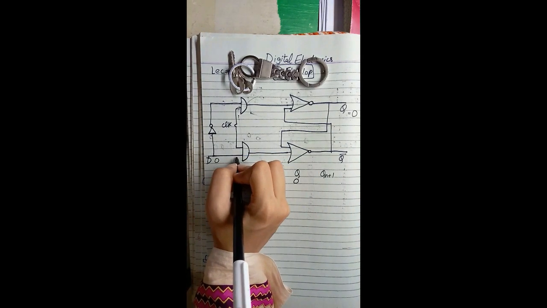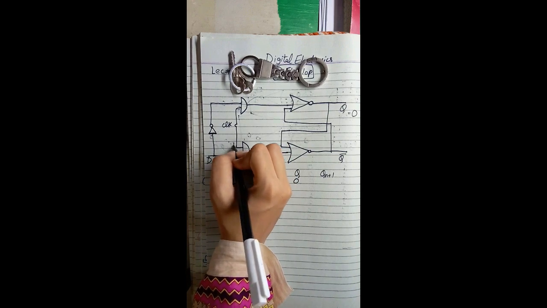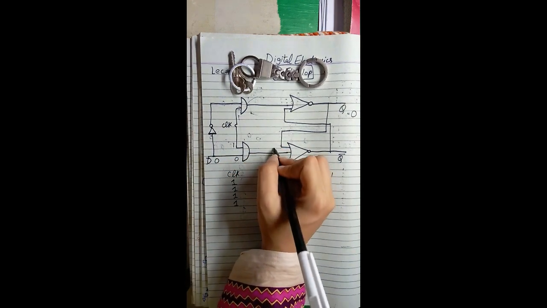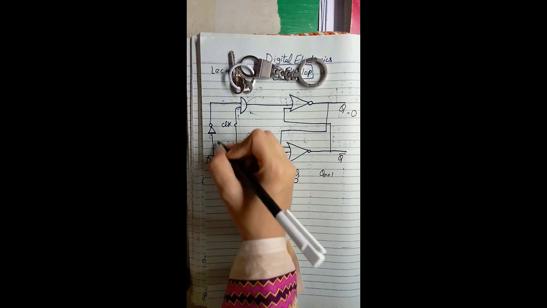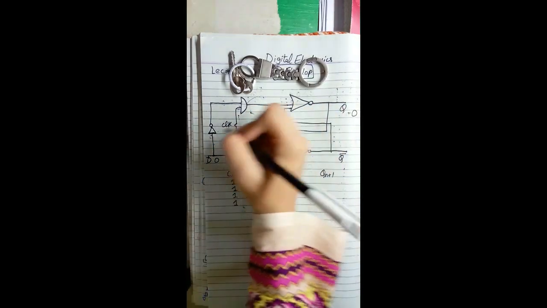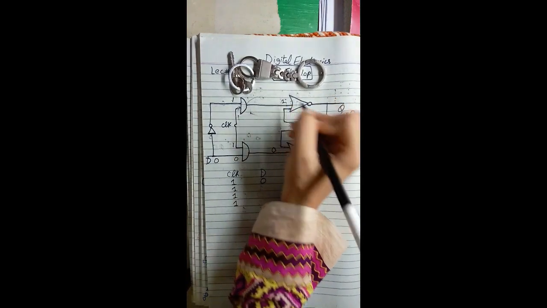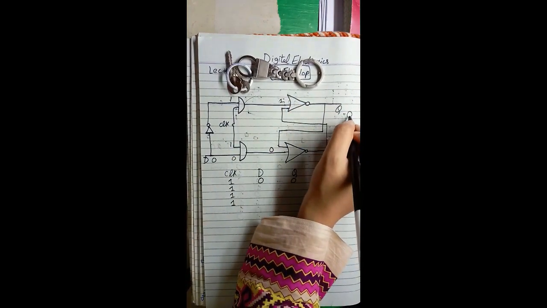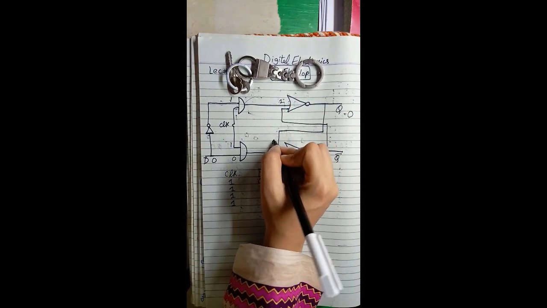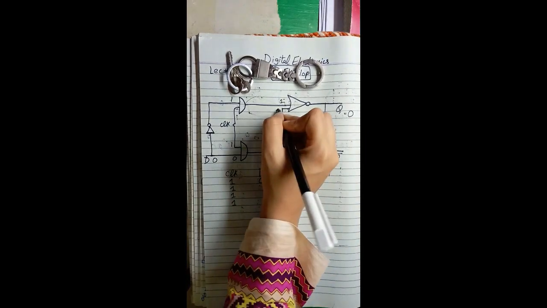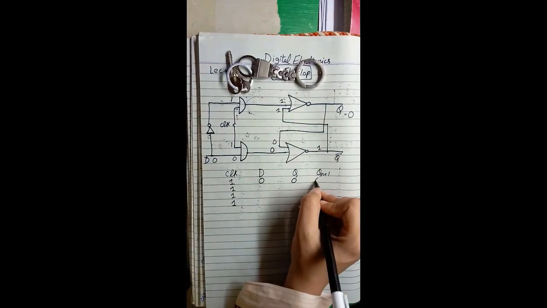We will have 0 on this input. The clock is 1. 1 and 0 will give us 0. And when this 0 passes through the NOT gate, it will be converted to 1, and 1 and 1 will give us 1. We are taking Q as 0. So both 0 will give us 1. 1 and 1 will give us 0. Our final answer is 0.